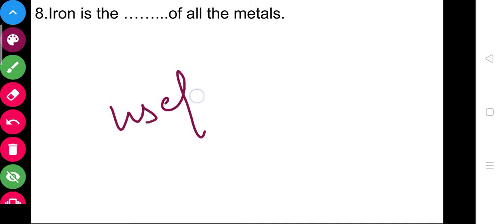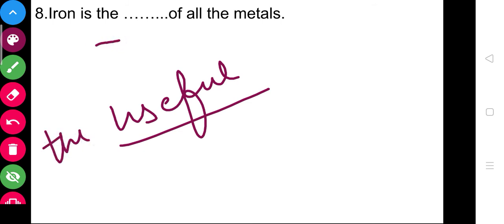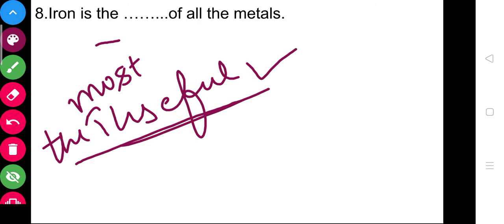Useful can be the adjective we can use, but here it is of all the metals. That means the is also used. So with the, we cannot say useful. Here we can say the most useful, because it is compared with other metals. So iron is the most useful because it is the superlative degree. In the superlative degree we have the identification that the is written before the superlative. So that is why the most useful of all the metals would be the reply.